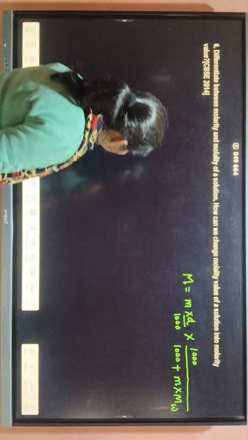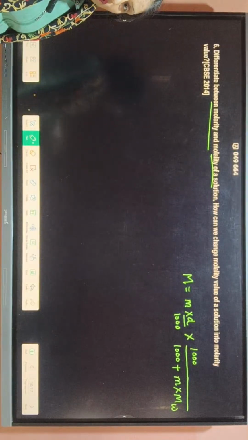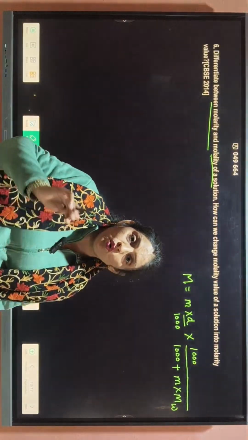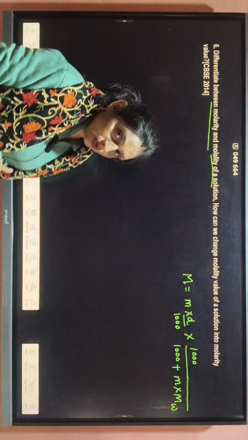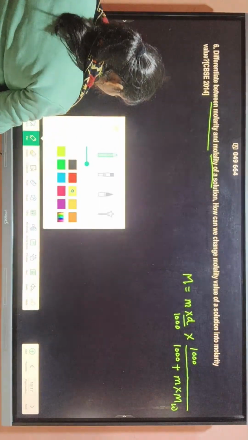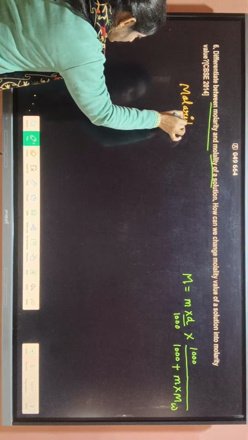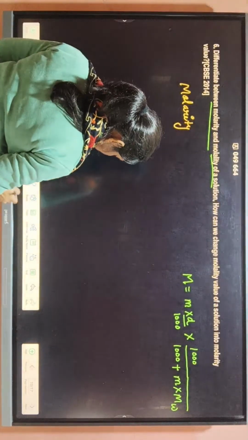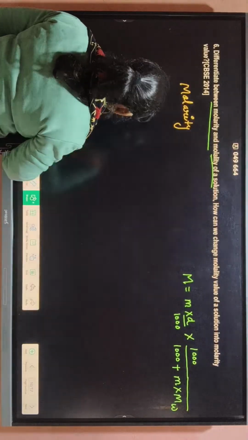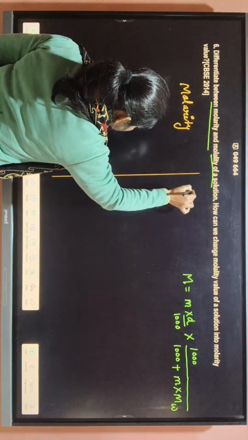Now students, our next question is the difference between molality and molarity. I already told about molality as well as molarity. I hope now you are all able to differentiate between them. You can differentiate like this. First, you can write their definitions.